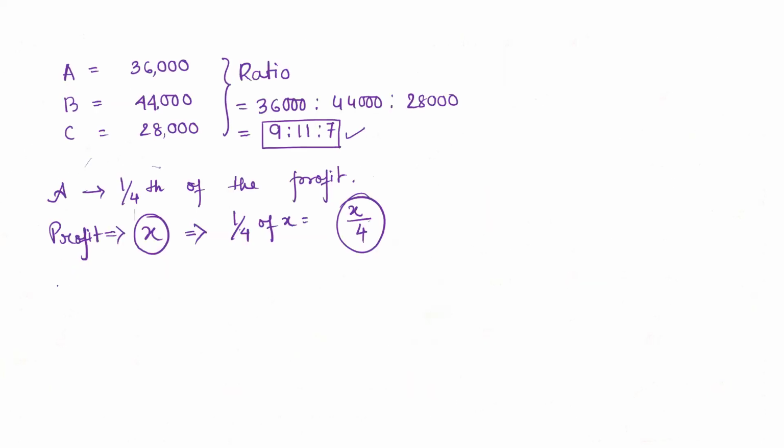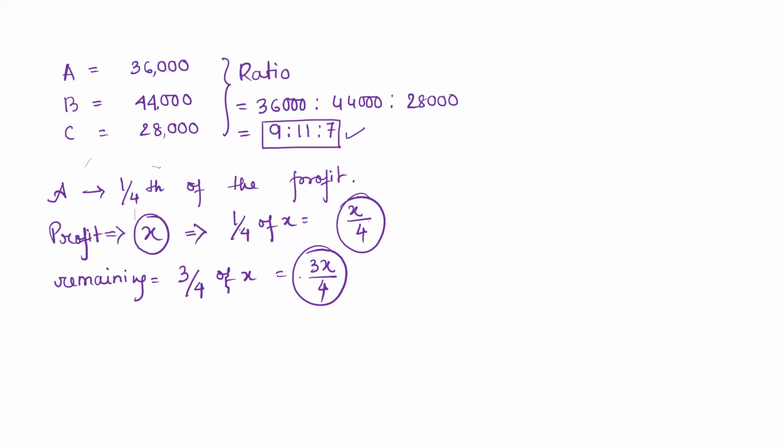Remaining is 3/4 of X, isn't it? Therefore, 3X by 4. This is the remaining amount. Now, this 3X by 4 is divided amongst A, B, C in the ratio 9:11:7. Clear?